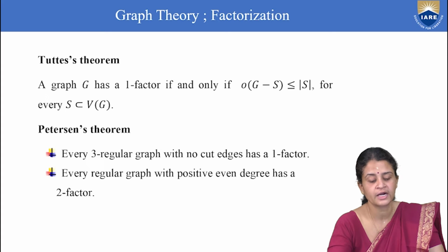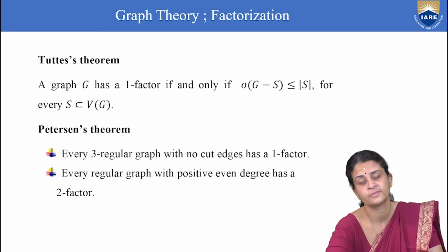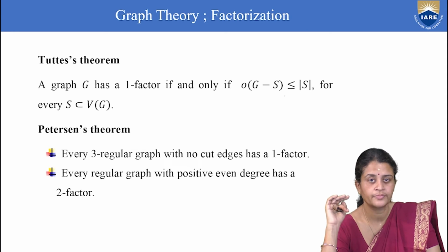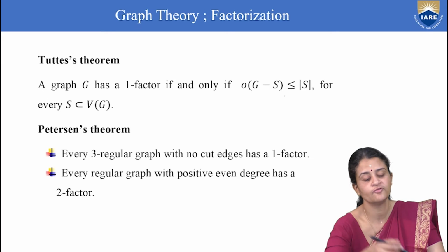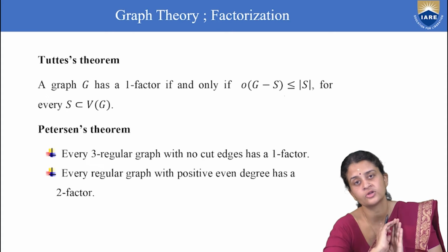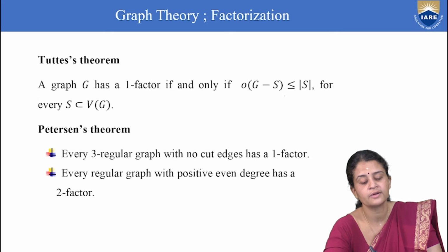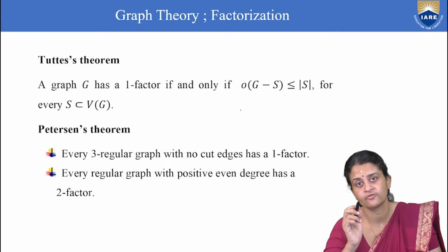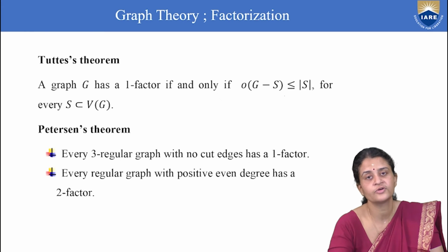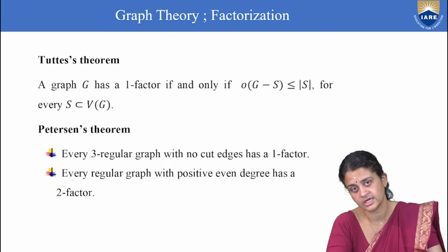A graph has a 1-factor if and only if the number of odd components of G minus S is less than or equal to the cardinality of S for every subset S of V of G. That is, we are given a graph G, and we find a subset S of the vertex set of G and delete all those vertices of S. Removal of vertices results in the deletion of all the edges incident with those vertices.